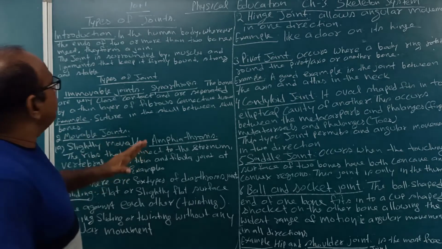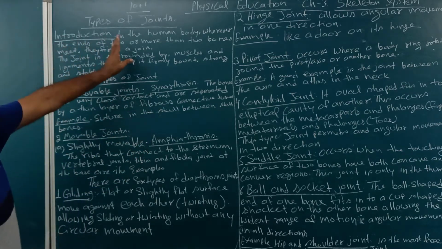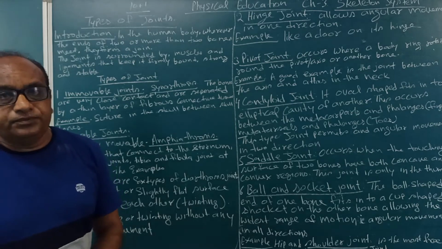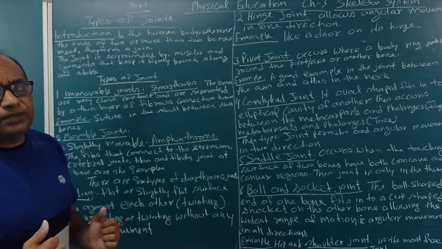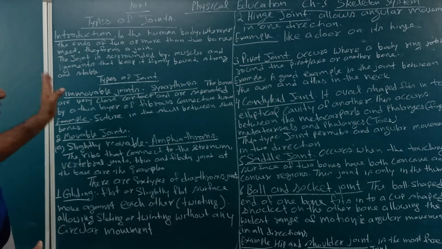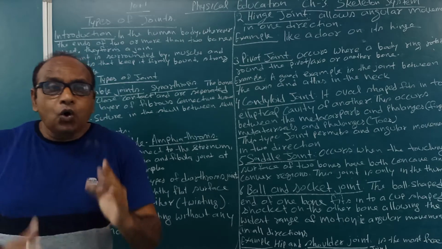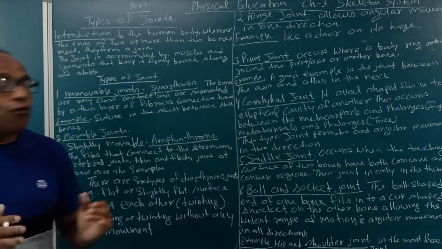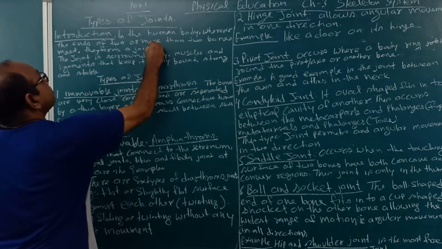First of all, I have to give you a small introduction of joints. What is it? We have to clear the concept of joints first. Actually, in the human body, wherever the ends of two or more than two bones meet, they form a joint.